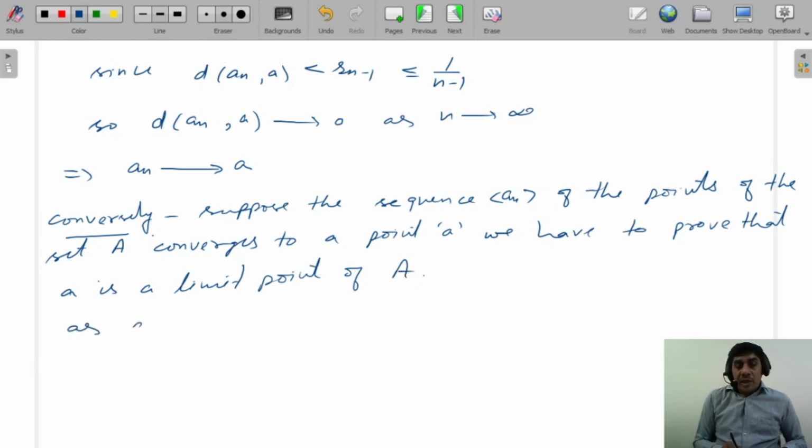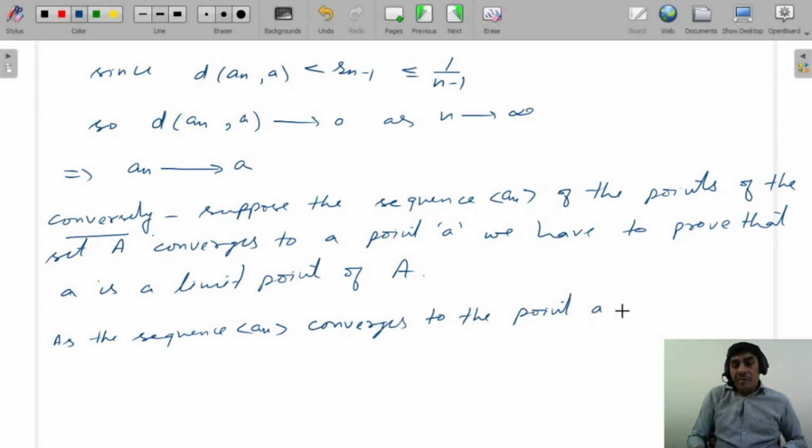As a_n converges to small a, as the sequence a_n converges to the point a belongs to capital A, the distance between a_n and a is less than epsilon for every n greater than or equal to n naught, where n naught is any positive integer.